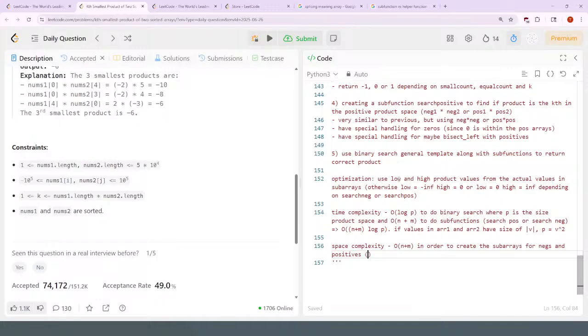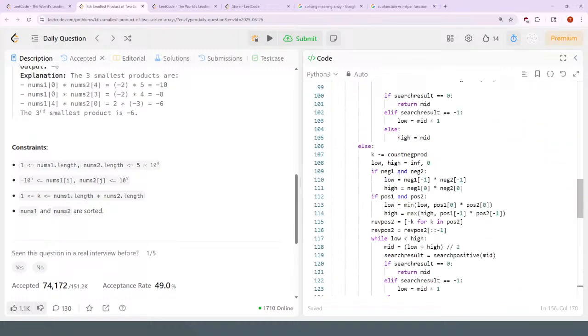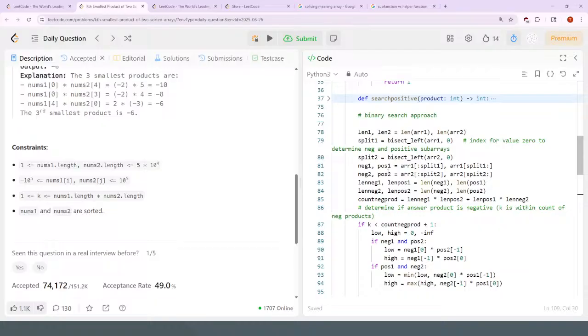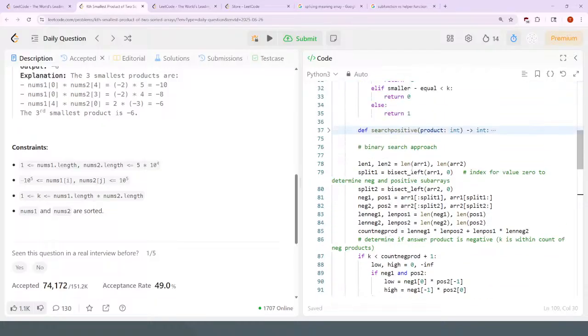Although it's possible, not needed, if you were to work strictly through indices on the original array 1, array 2, because technically every time you're referencing the negatives or positives, you're referencing just particular subsets of indices within 0 to the length of array 1 or 0 to the length of array 2.